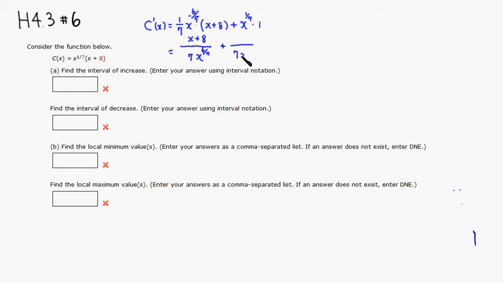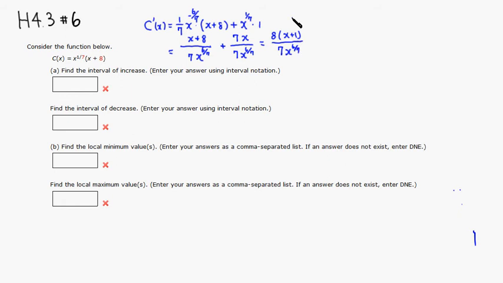Then you have a 7, and x to the 6/7 times x to the 1/7 is just x. So this is actually kind of nice, 8x plus 8. I'm going to pull 8 out, and x plus 1, because this is 8x plus 8, over 7x to the 6/7 power.